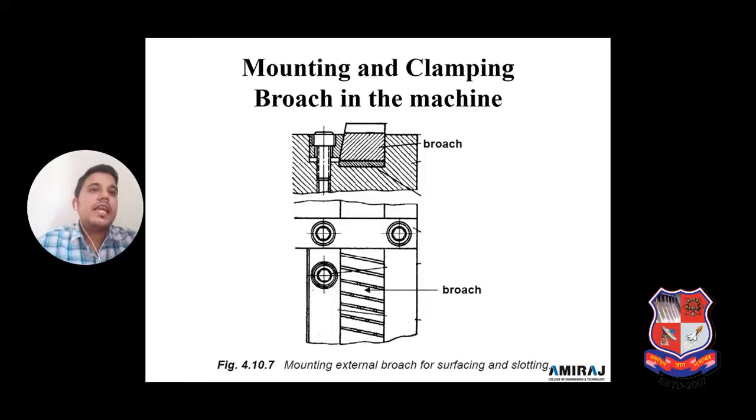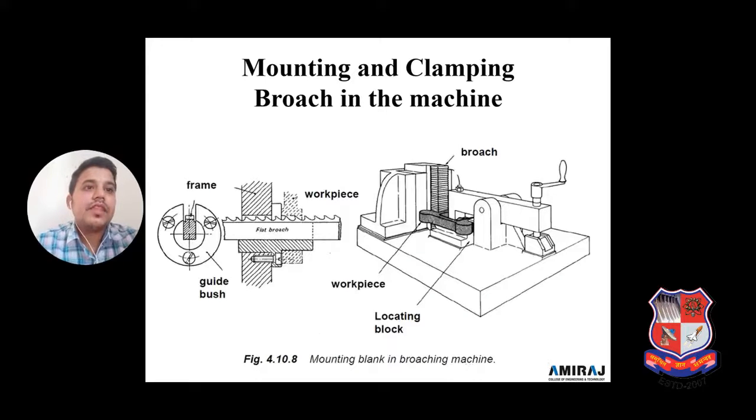Then another mounting and clamping of a broach in the machine. This is another broach, and it is fitted by the broach. These are the upper-side holding devices, so we put them on the upper side and fit it. And this is mounting and clamping of a broach in the machine. You can observe here the guide bolts, the frames, and the workpiece.